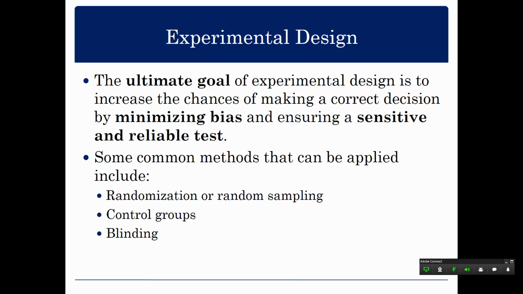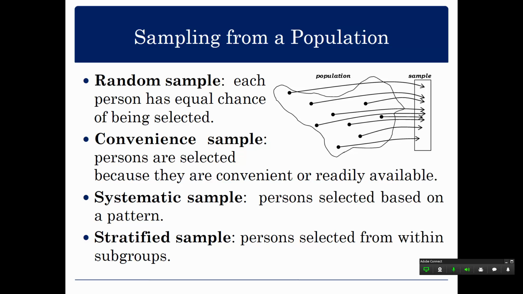Some of the methods that we employ include randomization or random sampling, control groups, and blinding. And we'll go through each of these specifically today, and we'll show you which designs employ which of these techniques. The more techniques that are employed in a particular study, the stronger the level of evidence is that's generated by it. So let's get first to how we sample from a population.